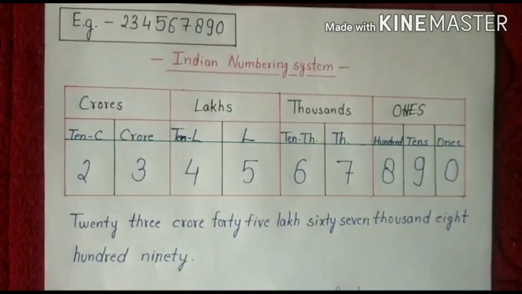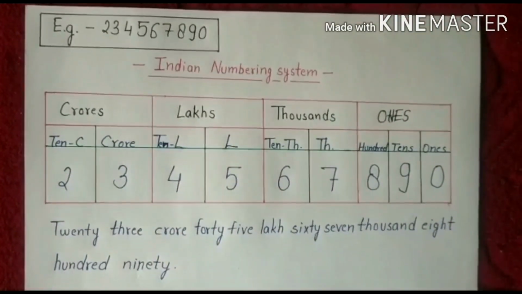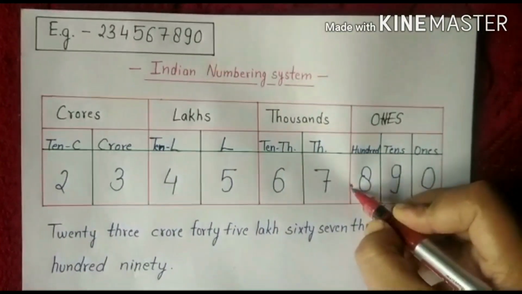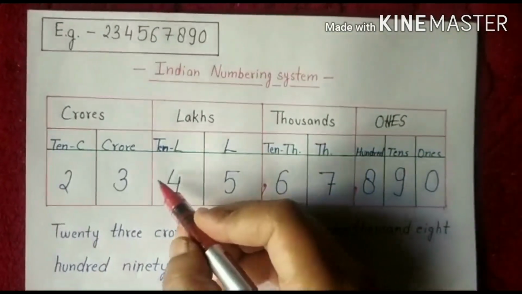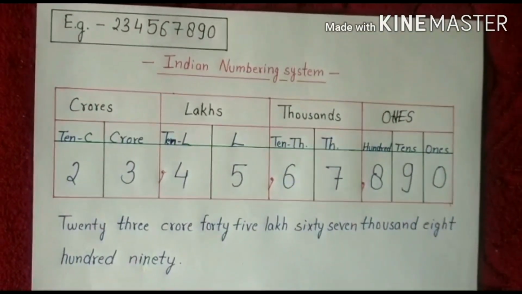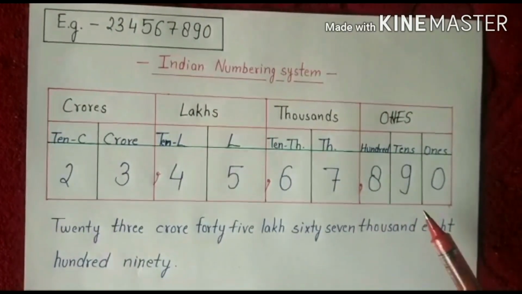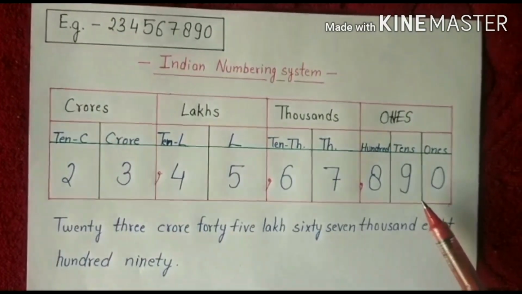The place value chart separates digits into groups, which we call periods, and we put commas after every period, that is, after the ones period, after the thousand period, and after the lakh period, and then crore is there. After putting commas, it becomes very easy to name the number. So, what would be the name of this number now?